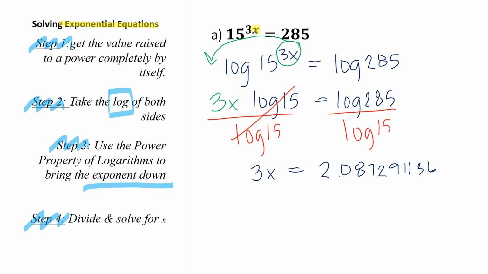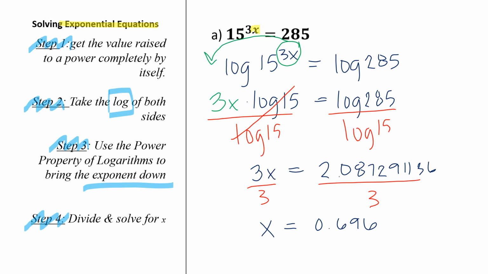The last step to get x by itself is to divide by 3, and we'll round to 3 decimal places. So dividing by 3, I get 0.696. And that is my final answer.